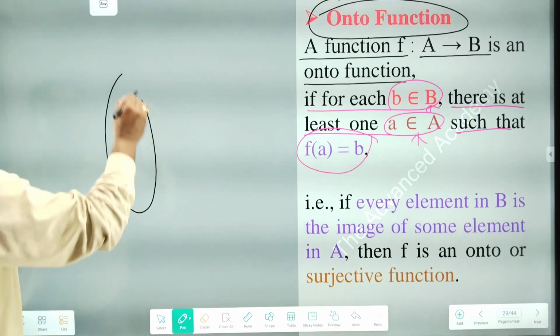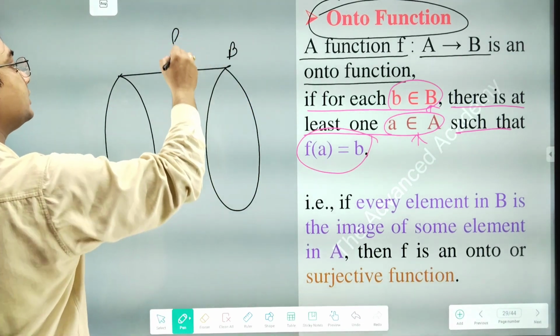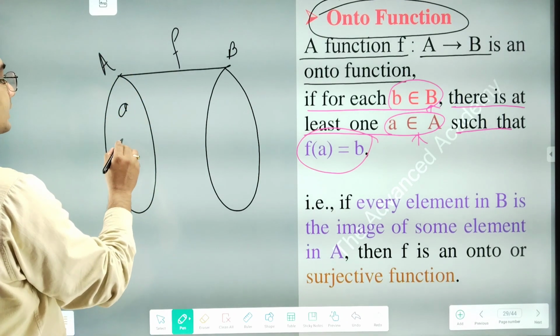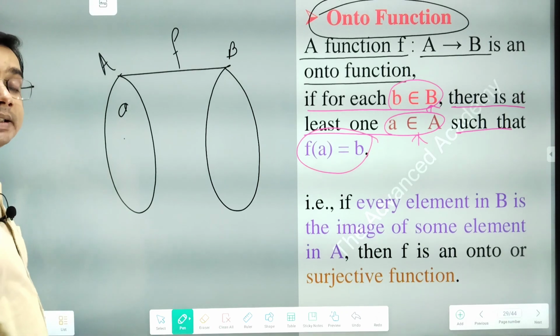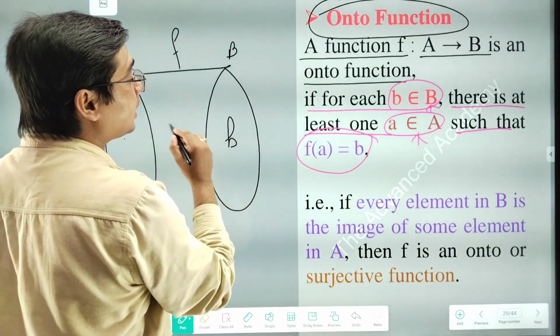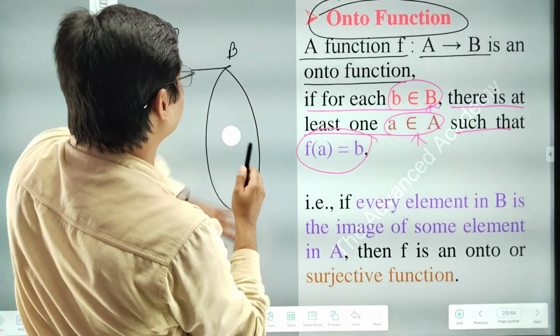That means if we construct a function f from A to B, then this function is said to be onto if each element of this B is an element of this set.